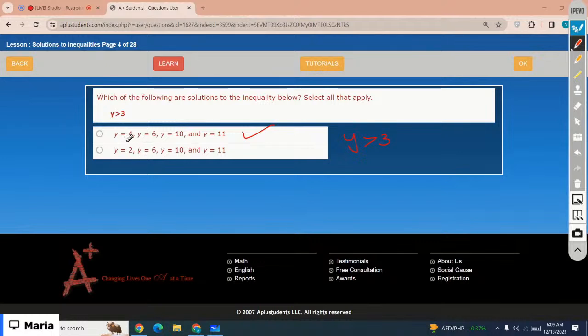Option 1 is the correct option because they all are greater than 3. 4, 6, 10, and 11, they all are greater than 3, right? But in the second one, you have 2. 2 is not greater than 3. 2 is less than 3, right? So the correct option is option number 1. 4, 6, 10, and 11 are greater than 3.